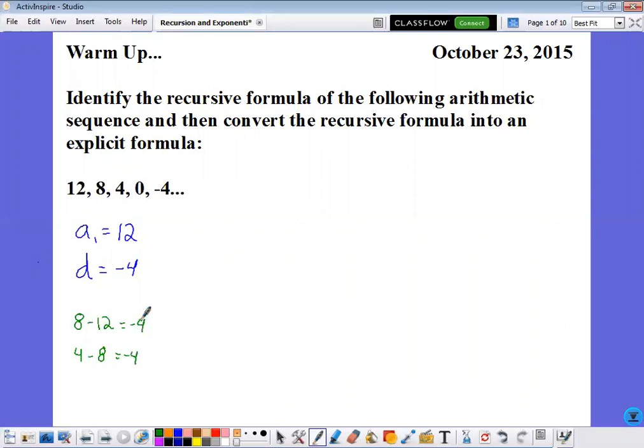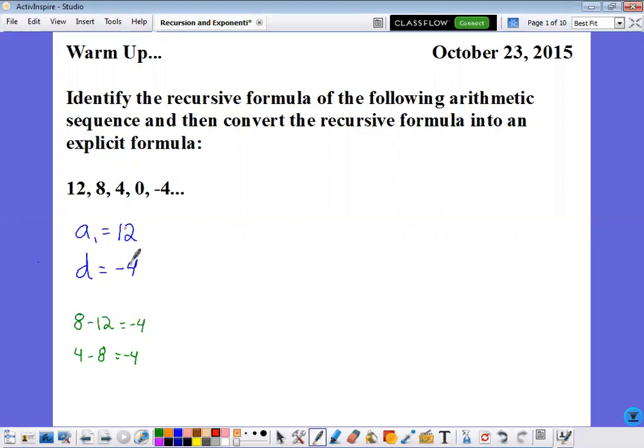So it's showing that there is a commonality between the differences of your terms. We could have done the same thing with 0 and 4, and then -4 and 0 should have given us -4. So that was one way that we talked about how to develop the common difference if you couldn't just see it. Mainly dealing with fractions, or when we make that transition with positives and negatives. People had some struggles with that.